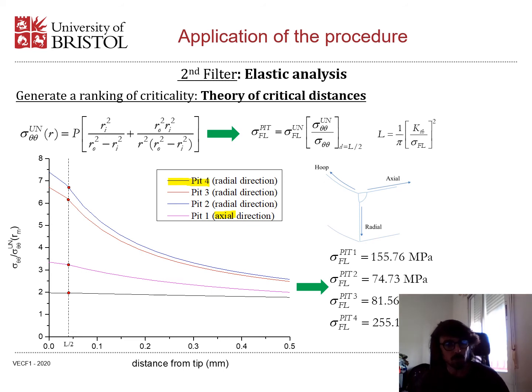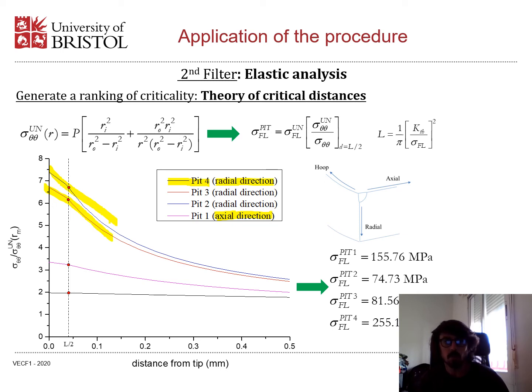So for most defects analyzed in this case, the most severe case was in the radial direction, whereas for pit 1, the most severe case was for the axial direction. Okay, and it was evident that pit 2 and pit 3 were the most severe ones.